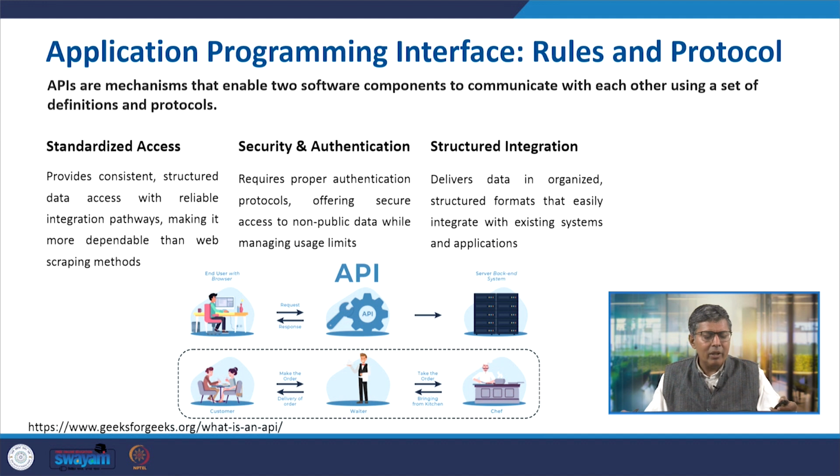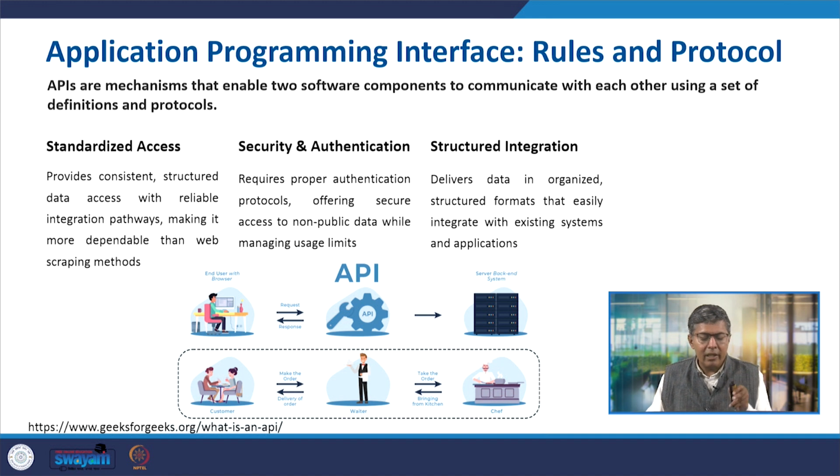The API basically has three functions: standardized access, security and authentication, and structured integration. It provides consistent, structured data access with reliable integration pathways, making it more dependable than web scraping methods alone, right. In terms of security and authentication, it requires proper authentication protocols, offering secure access to non-public data, because sometimes you may get into legal problems.